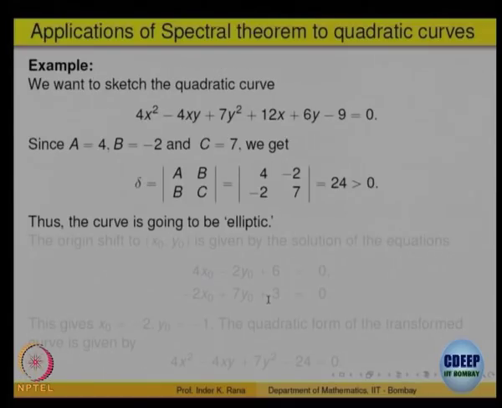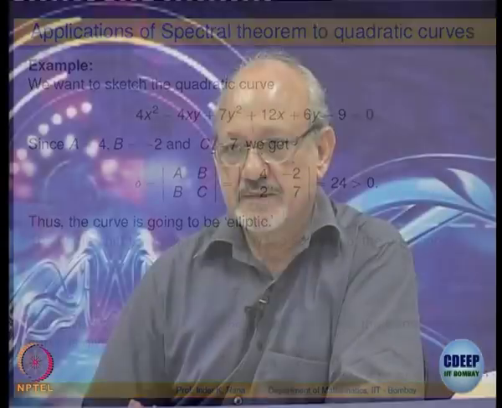Okay. So, let me look at one example to illustrate this idea. Let us look at 4x square minus 4xy plus 7y square plus 12x plus 6y minus 9 equal to 0. What curve is this? We want to know. So, what are you going to do? First shift the origin, and then rotate it.